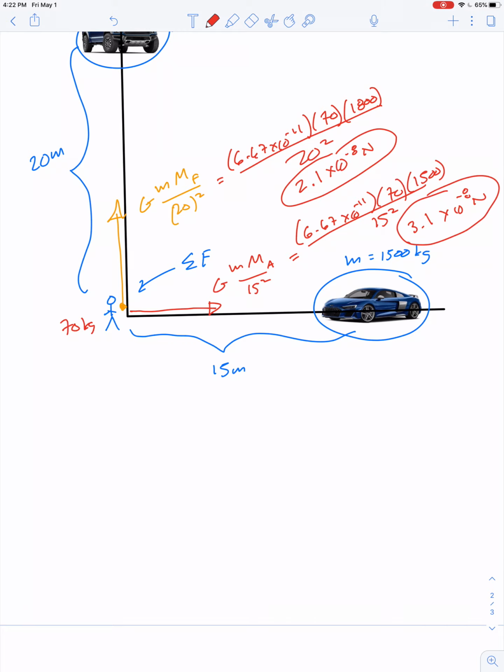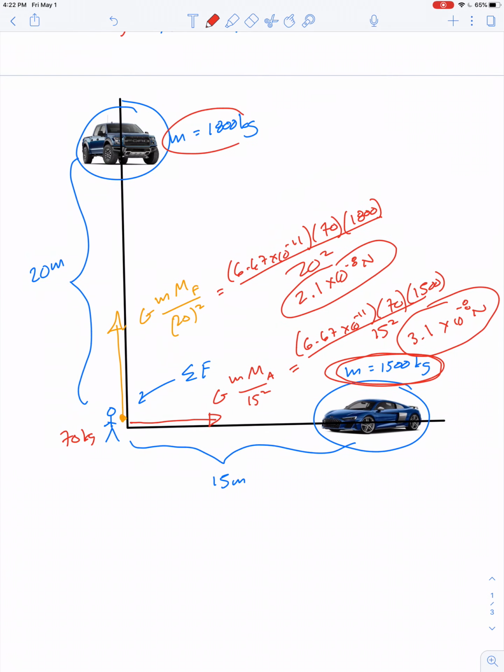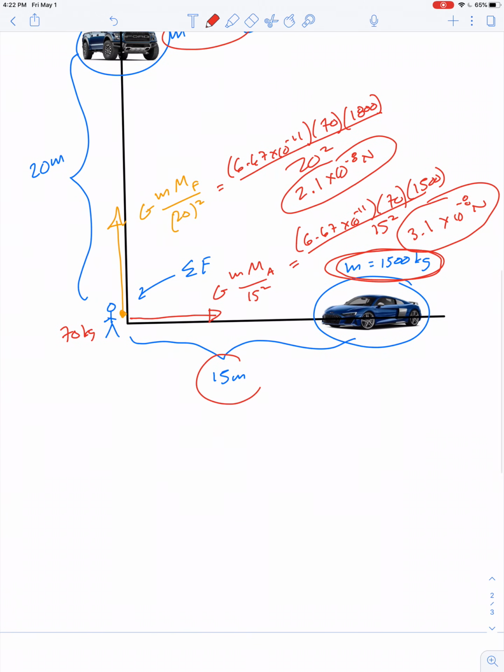Now, why is that, since the Audi is less massive? It doesn't seem like you should be as attracted to a less massive object. But then again, you're standing closer. And the ratio in the distances squared is more than enough to overcome the smaller amount of mass.